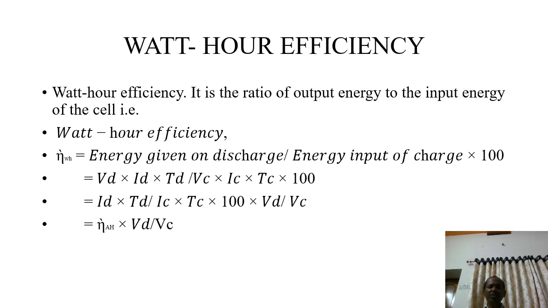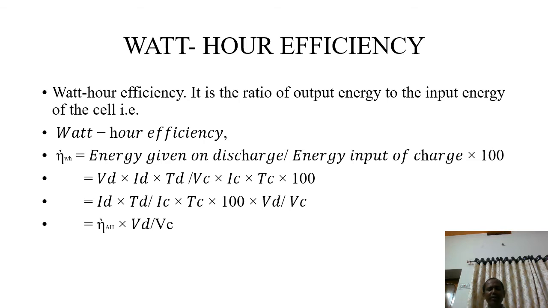It is the ratio of output energy to the input energy of the cell. Watt hour efficiency, denoted by the letter zeta WH, is equal to energy given on discharge by energy input on charge into 100. What is energy given on discharge?